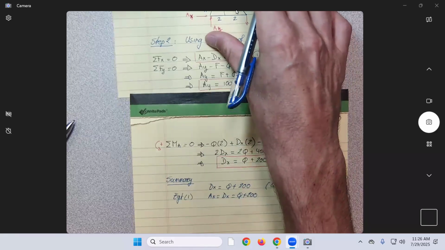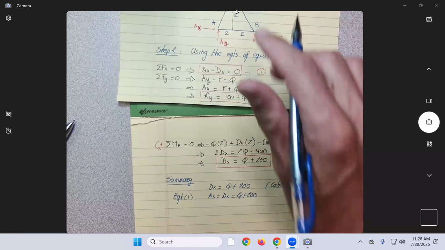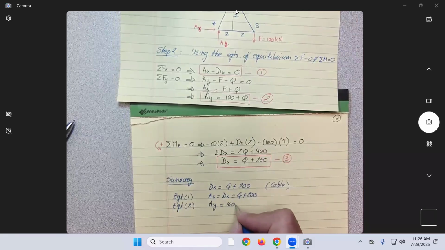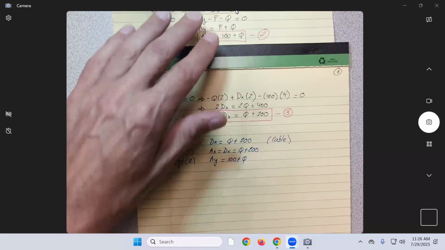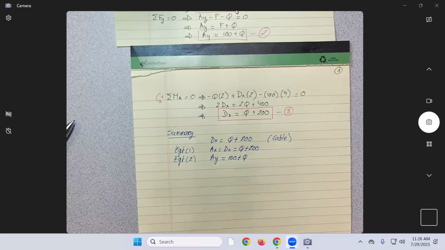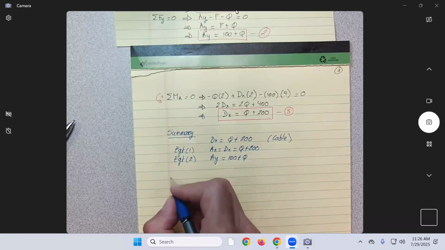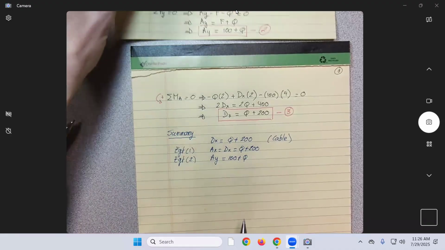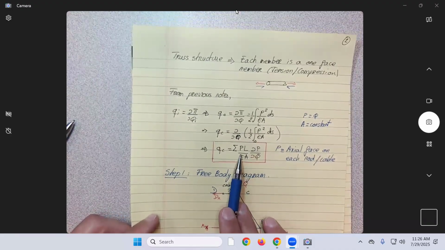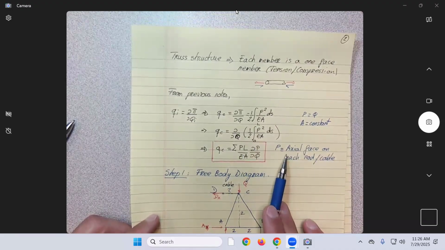Okay, and then from equation 2, we know that AY is equal to 100 plus Q. Okay, so remember over here, in order to be able to apply this equation over here, what is P?